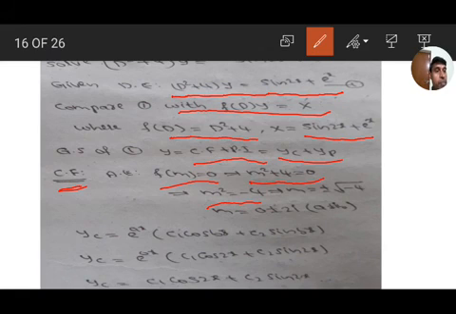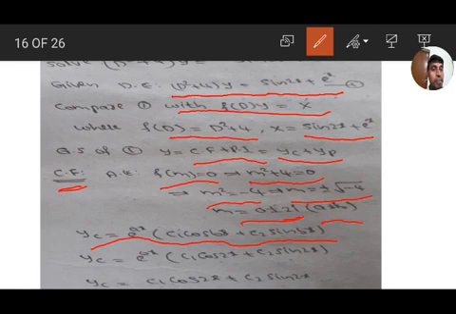Therefore m equal to plus or minus 2i, that is a plus or minus ib, where a equal to 0, b equal to 2. So complementary function is e to the power of ax, c1 cos bx plus c2 sin bx. So complementary function e to the power of 0x into c1 cos 2x plus c2 sin 2x.